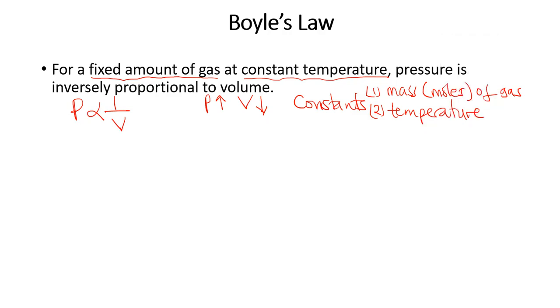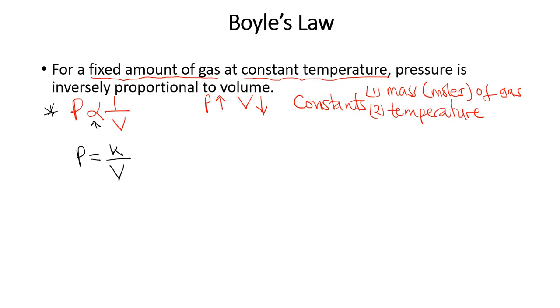So here we are showing that P is proportional to 1 over V. If we want to get rid of this proportionality sign and use an equals sign, we need to have a constant. So we can show that P is equal to a constant divided by V, where V is the volume.